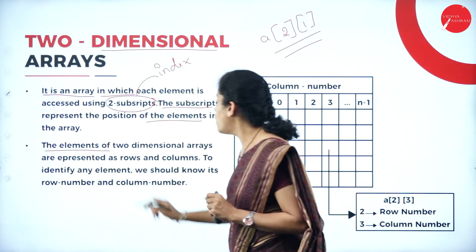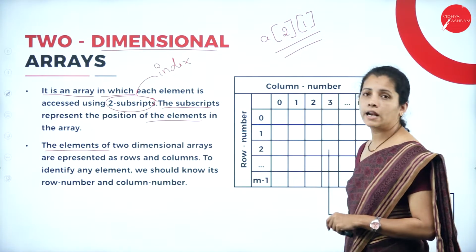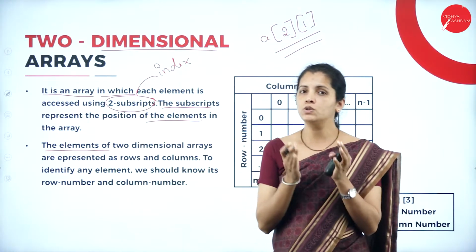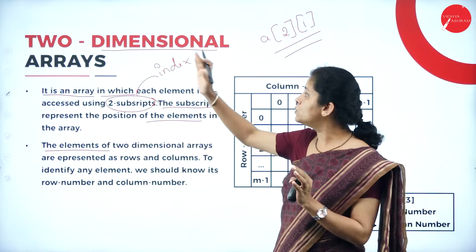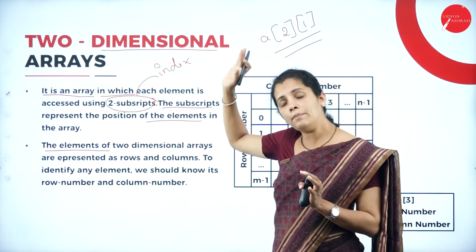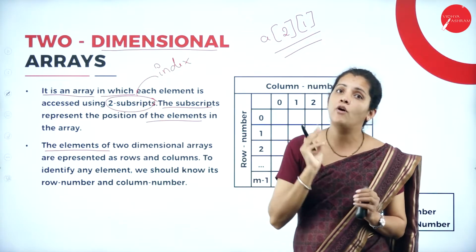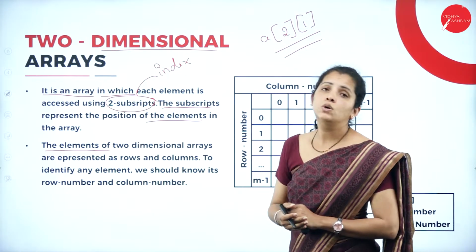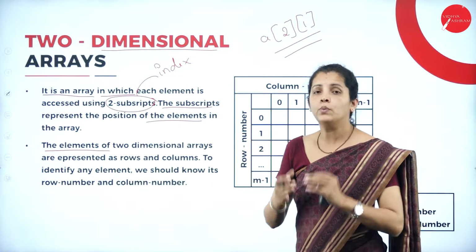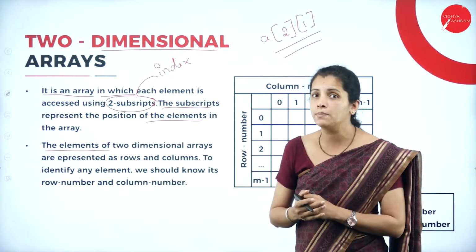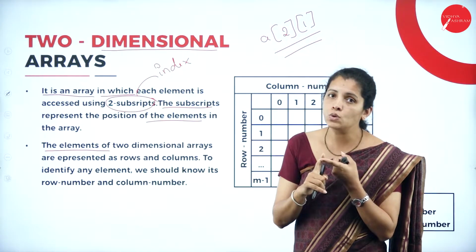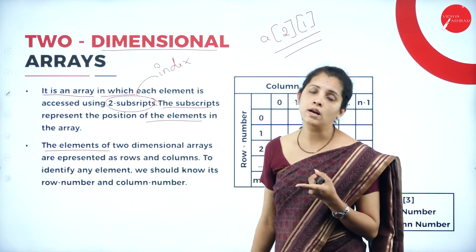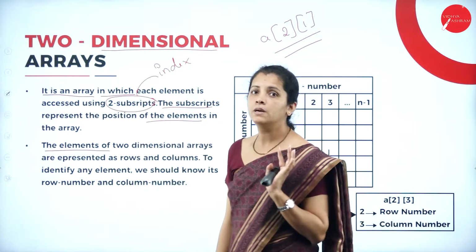The elements of two-dimensional arrays are represented as rows and columns. So dear students, if I consider a two-dimensional array, the elements are represented in the form of rows as well as columns, and to identify an element stored in the two-dimensional array, I must know the array index, that is, I must know the row number as well as the column number.